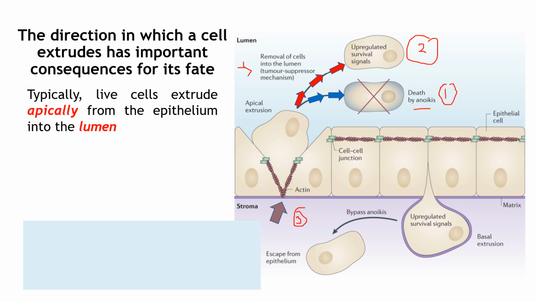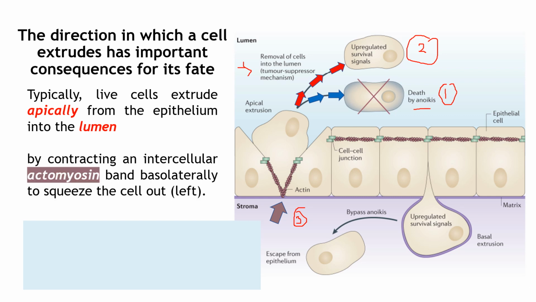We know that typically live cells extrude apically and go into the lumen. How does this happen? Because they have a contracting intracellular actomyosin band that is located basolaterally to squeeze the cells out.